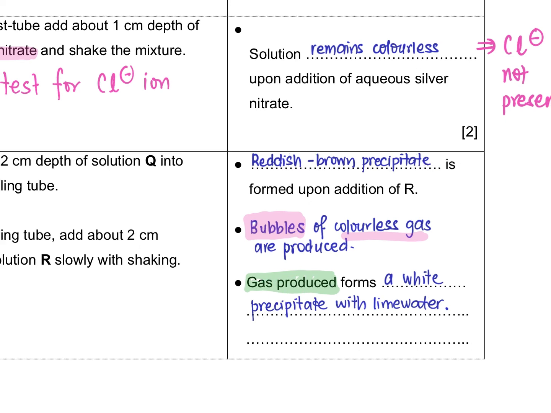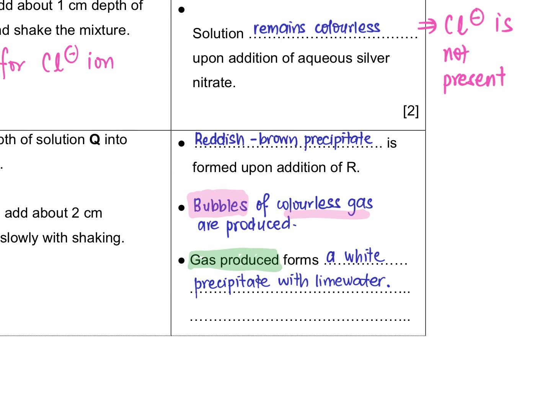So if your white PPT is formed in lime water, the conclusion you draw here is carbon dioxide gas is produced. If carbon dioxide gas is produced, what is the anion that you can conclude present here? Carbon dioxide gas is produced due to presence of carbonate ion. So this is what you conclude.